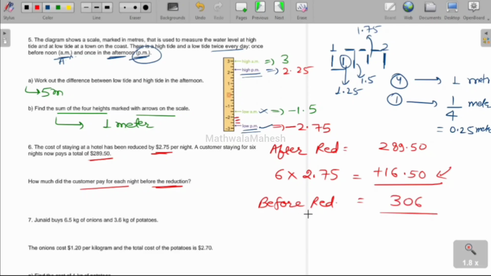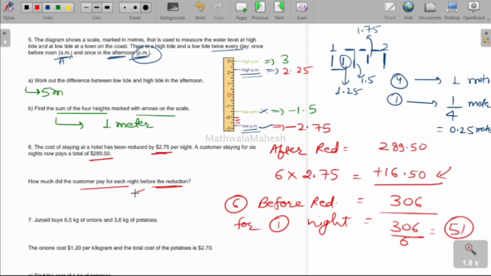Okay, so this is the price before reduction, for 6 nights. We have to find for one night. For one night, the price will be 306 divided by 6, which is 51. So the correct answer is $51.